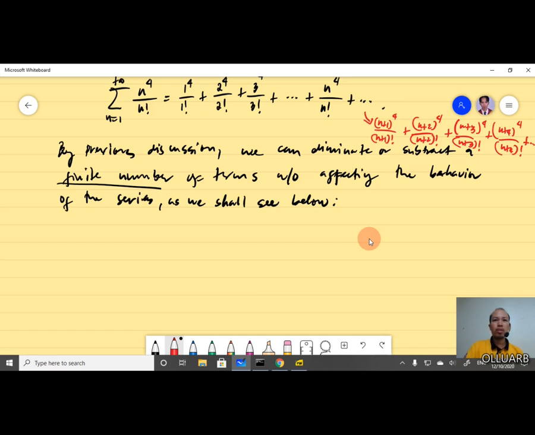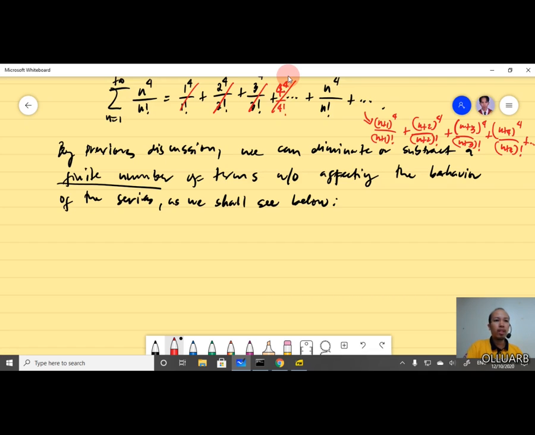So we can eliminate, let's say, the first 4 terms. We can erase 1, 2, 3 to the 4 and 4 to the 4 over 4 factorial.